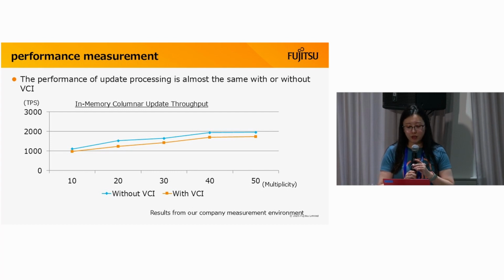As a result, it was confirmed that there was almost no difference in performance, although the performance of VCI was slightly lower. In this way, even if VCI is set, OLTP performance can be almost unaffected.